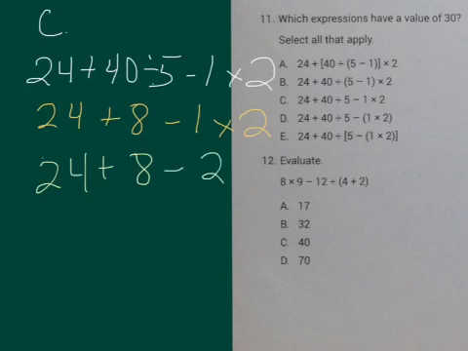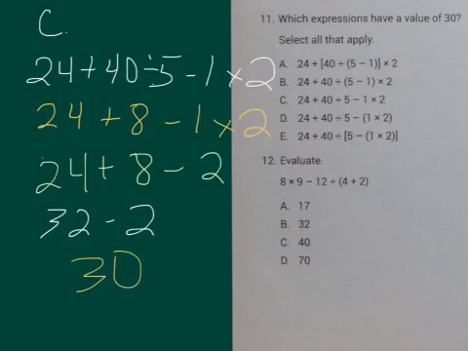So then we're going to continue with our order of operations and go from left to right, and so we're going to add 24 plus 8 is going to give us 32. Oh, not 34, 32. Excuse me. So we're going to say 32 minus 2, and that is going to give us 30 as our answer. So C is definitely one of our answers.